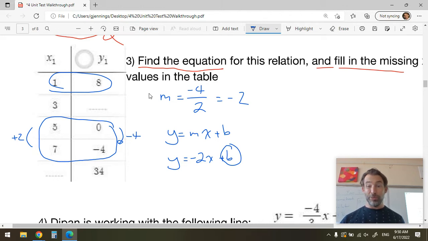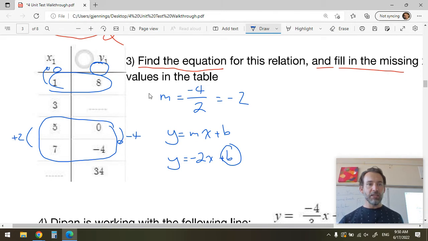B here is a variable, but I should be able to determine it. B will be the y-intercept of this line, where the line touches the y-axis. If I walked this back from 1 to 0 and then found the y value here, that would be b as well. So let's go ahead and find that. One thing I can do is feed it one of these points.